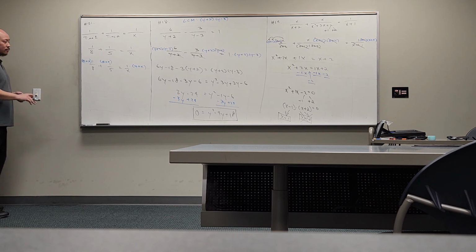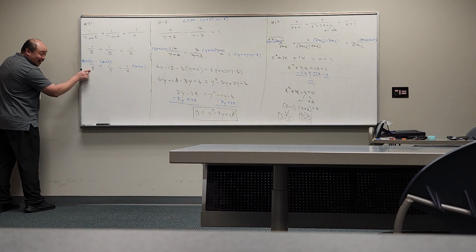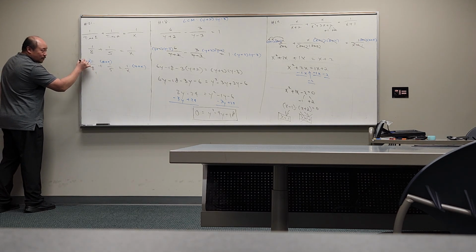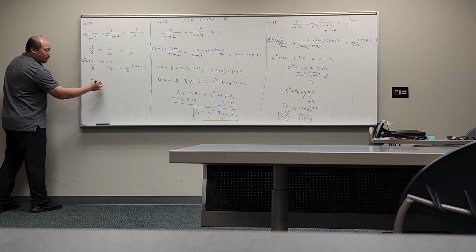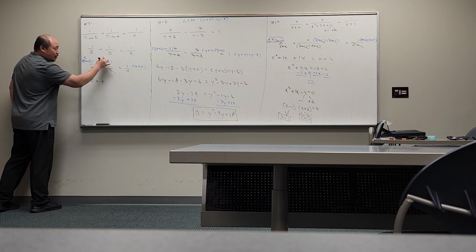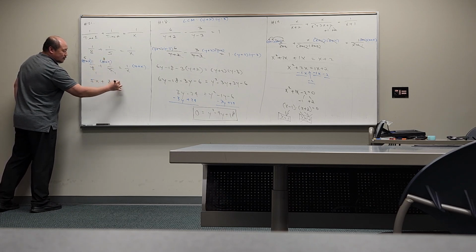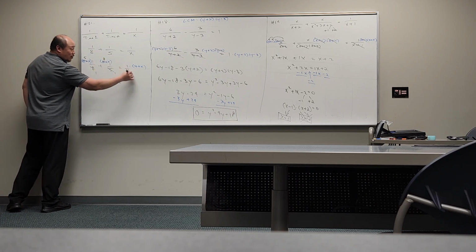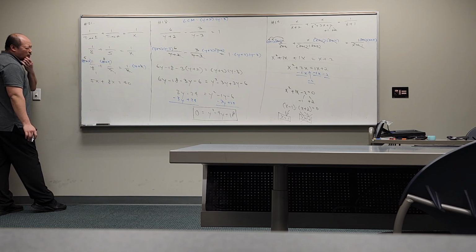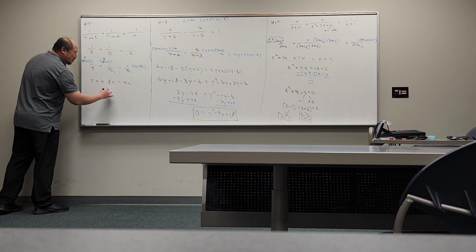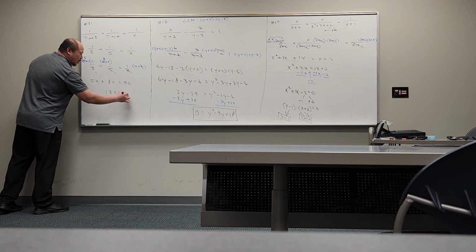Now look: 8 goes into 40 5 times, so that's 5x. 5 goes into 40 8 times, so that's 8x. And the x crosses out, so that's 40. So that would be 13x equals 40.